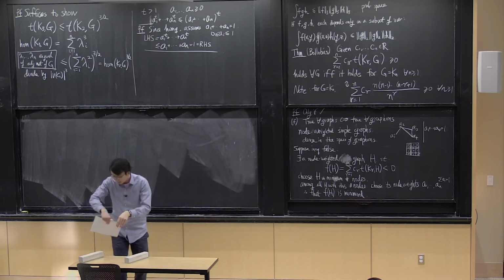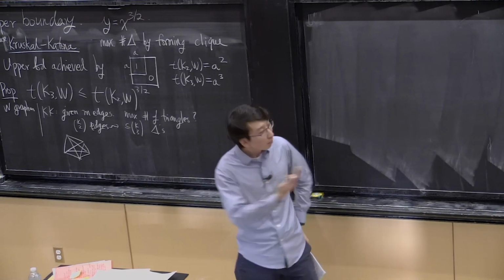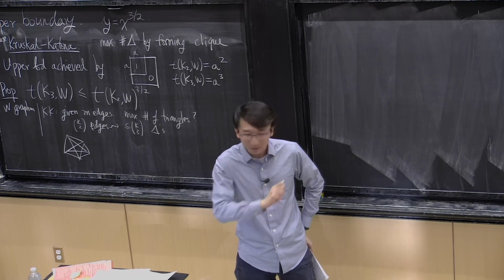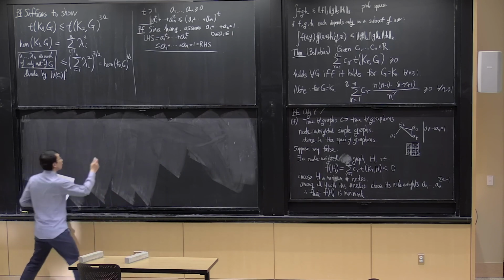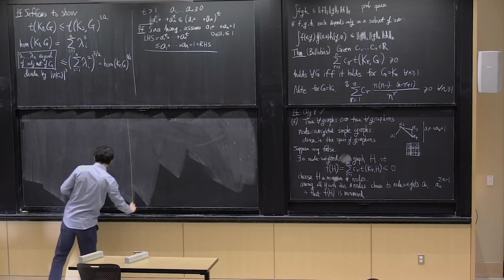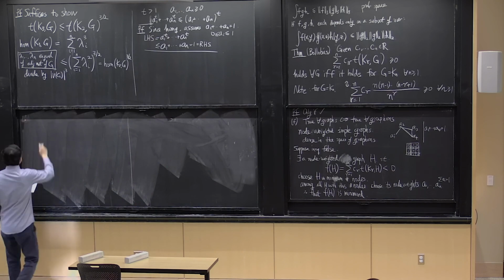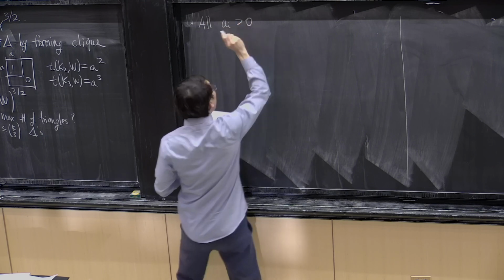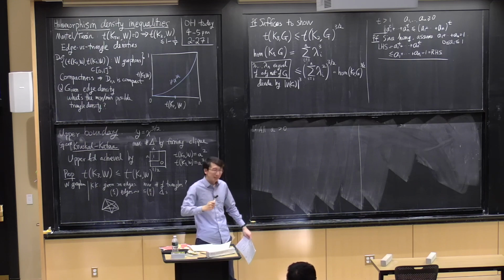So let's see what properties this H must have if it has the minimum number of nodes and f of H is minimum possible. First I claim that all the node weights are positive. If not, I can delete that node and decrease the number of nodes.